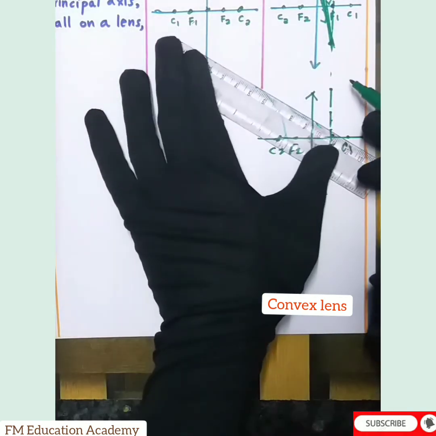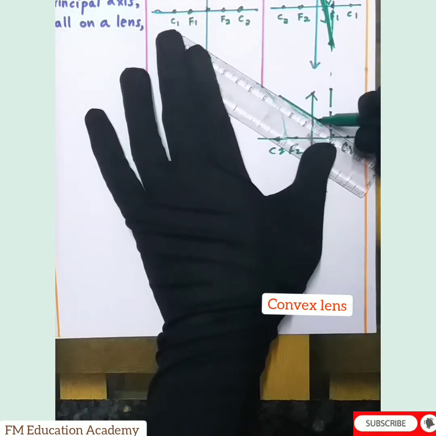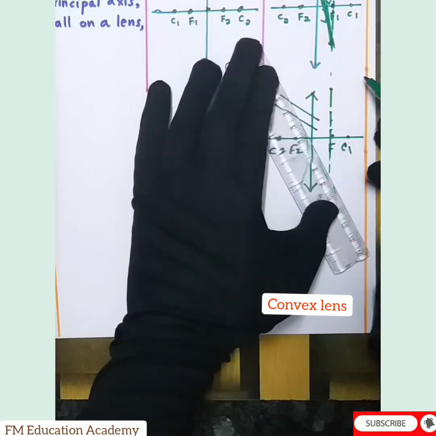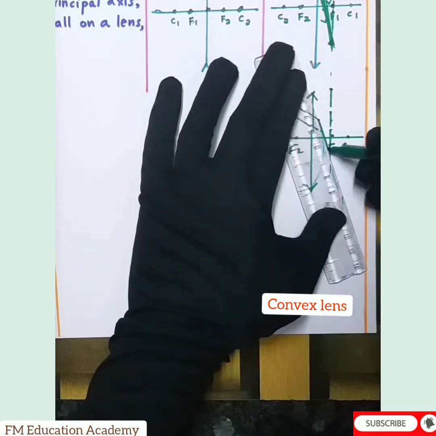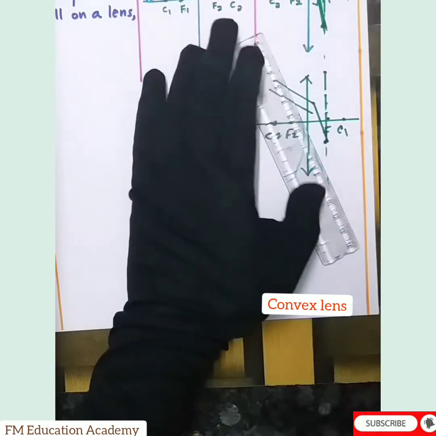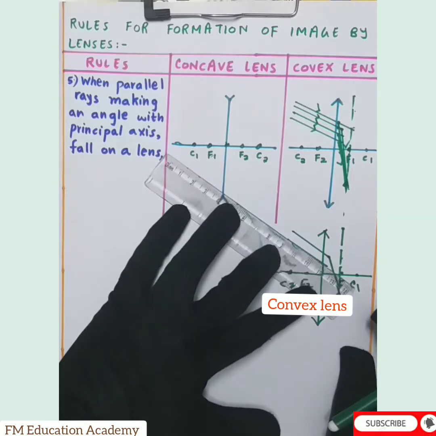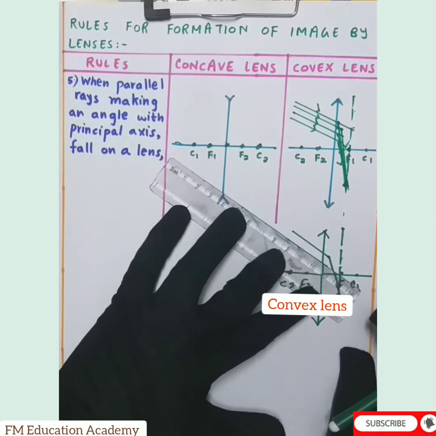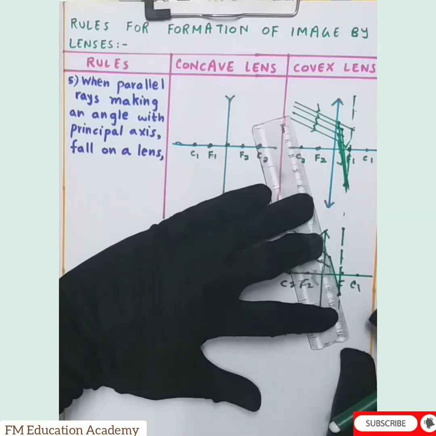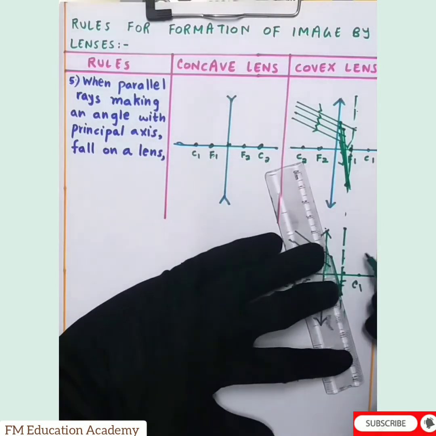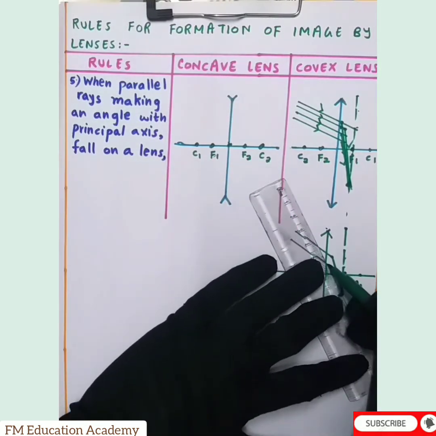The rays are coming parallel like this, and when they come parallel like this, they will meet at a point on the focal plane. Whenever parallel rays make an angle with the principal axis, they will converge at a point. Since it is a convex lens, they are converging at a point on the focal plane.